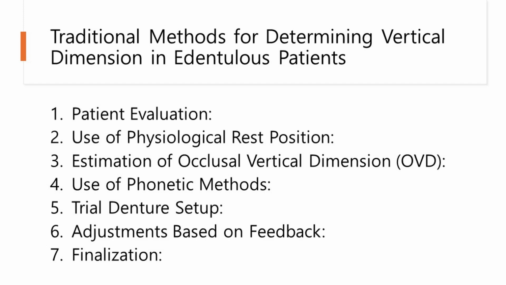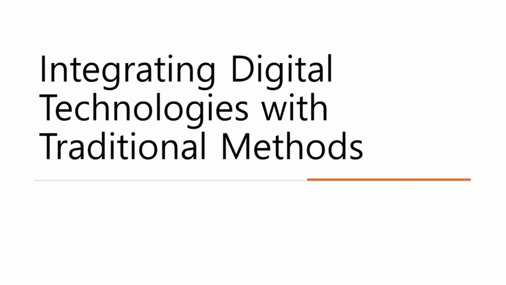This step is crucial for achieving the best fit and function of the dentures. Finalization. Once the ideal vertical dimension is confirmed and the patient is comfortable, we finalize the denture. This ensures that the denture fits well and functions optimally.